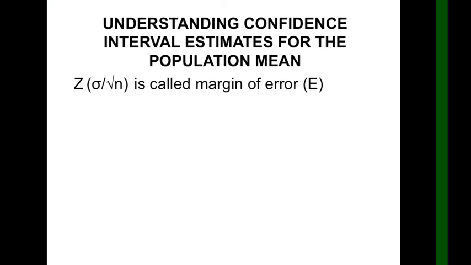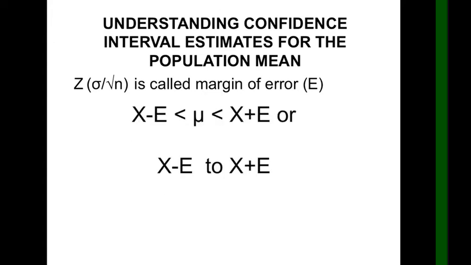In solving the margin of error, we have the formula Z quantity sigma over square root of n. And to solve the confidence interval, we have mu, the population mean, greater than the mean minus margin of error and less than the mean plus margin of error.